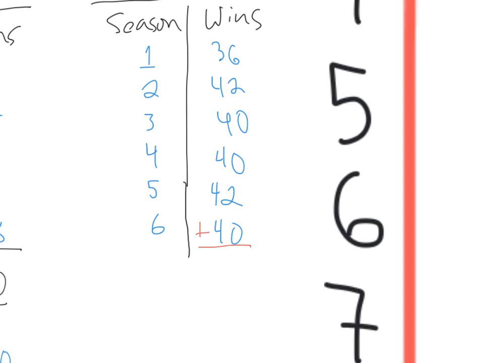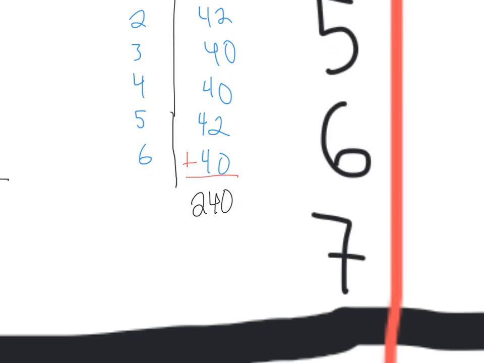And this time we will get 240 once again. And we have to divide that by the number of seasons. Since we have 6 seasons, we can go ahead and take that, divide that by 6. So these guys also have an average of 40 wins per season.